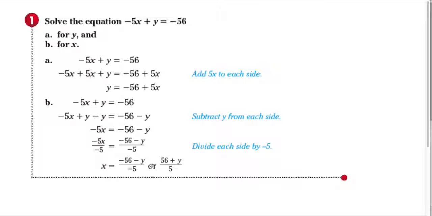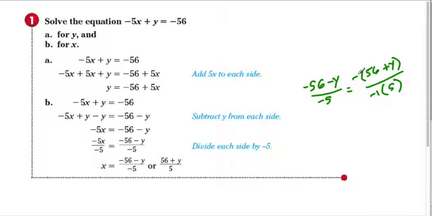Why are these two equal? Because look at this one: you have negative 56 minus y all over negative 5. I can actually simplify this using the distributive property to become negative 56 plus y all over negative 1 times 5.